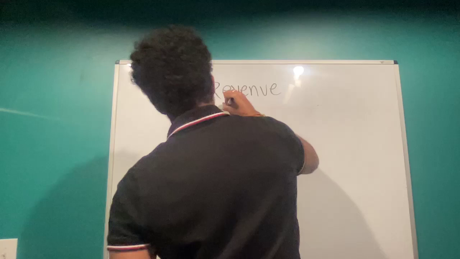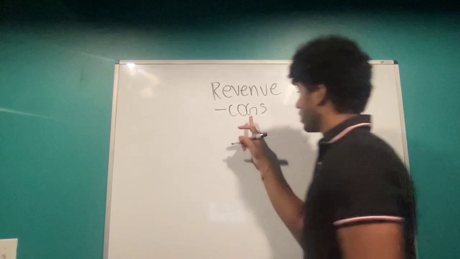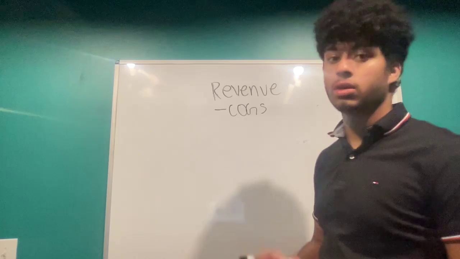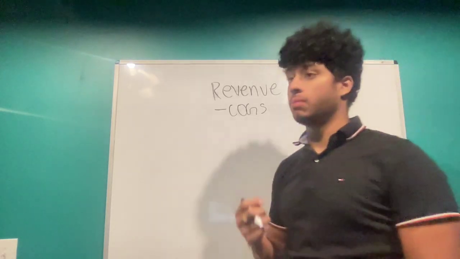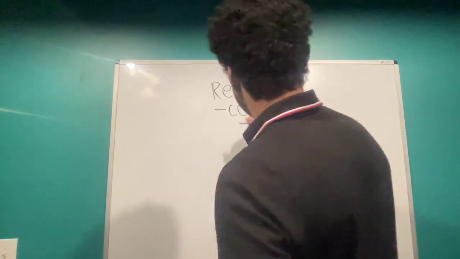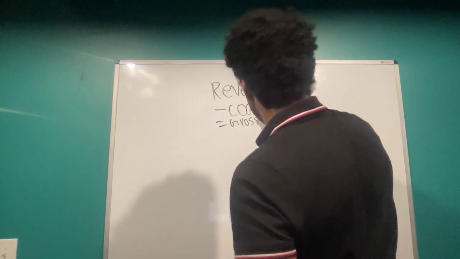Then we subtract cost of goods sold. Cost of goods sold is all the costs associated with making said good or service. This could mean paying wages, or it could mean the cost of inputs, etc. This brings you to your gross profit or gross income.